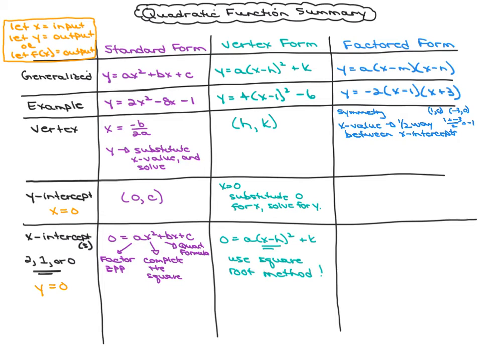The other way takes a little bit more work: you can convert to standard form. To convert to standard form, you're going to multiply those binomials. So a little bit more work. Once you're there, you can use the little pattern x is equal to -b over 2a. In either case, once you've found your x value, you'll substitute it into the function to find the y value.